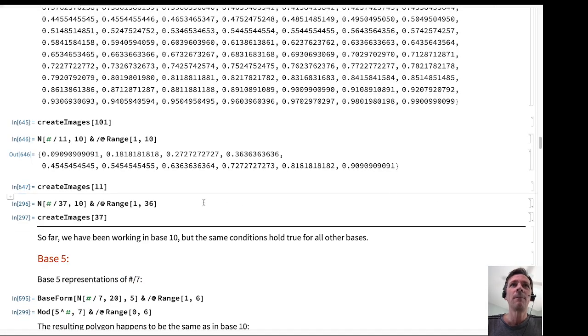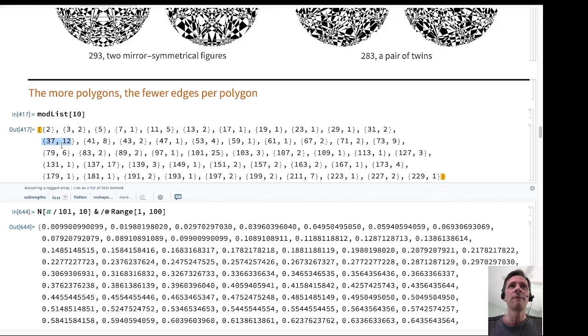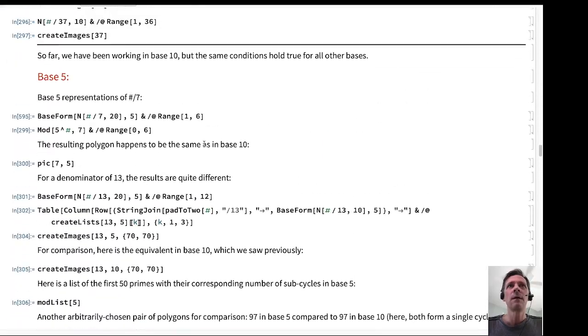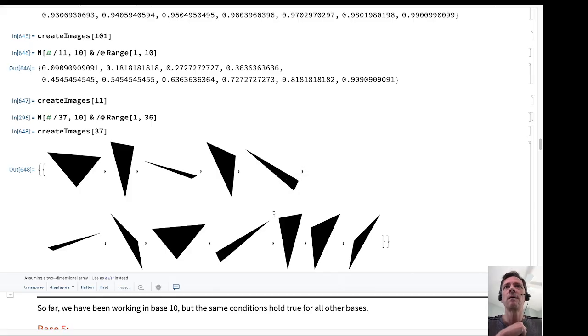Okay, and with n over 37, I think these are going to end up being triangles. If you look at the original list, with 37, I have 12 polygons, and each of those has three points in it, and that's going to look like this. Each one of those is a triangle.